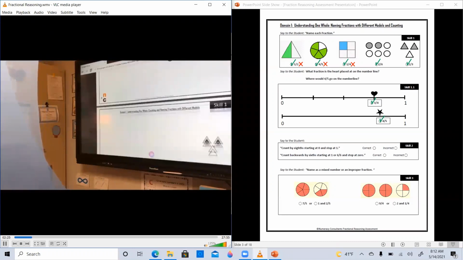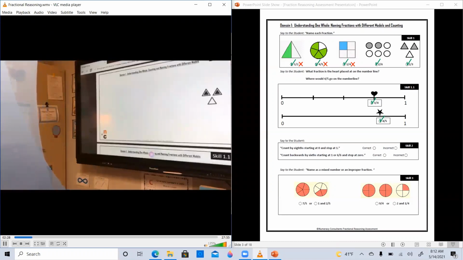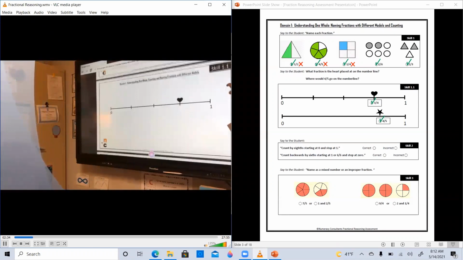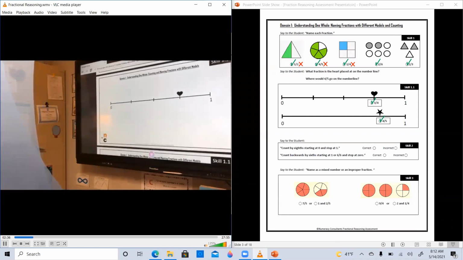Okay. And what fraction would that be? 2 out of 3. All right. What fraction is the heart place at? So what fraction on that number line is the heart place at? 3. 3. Okay.